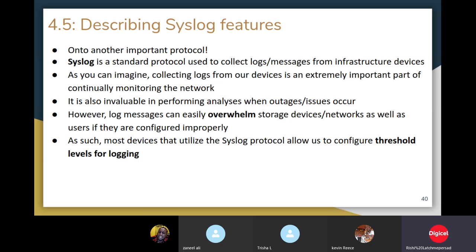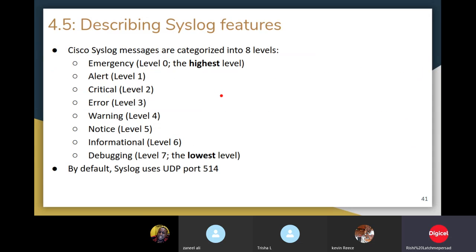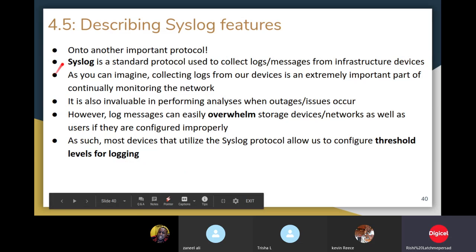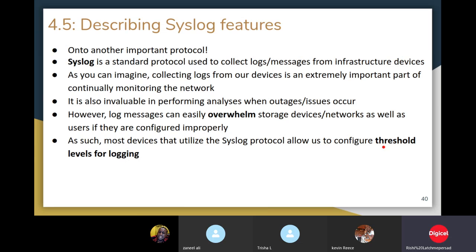All of them could be sending information at the same time, and you could be flooded with gigabytes and gigabytes of information, and you can't make sense of it because you can't process it. It's just too much. So what SYSLOG allows us to do is categorize the information, and we configure threshold levels to say, okay, we only want to know about information higher than a certain level, basically.